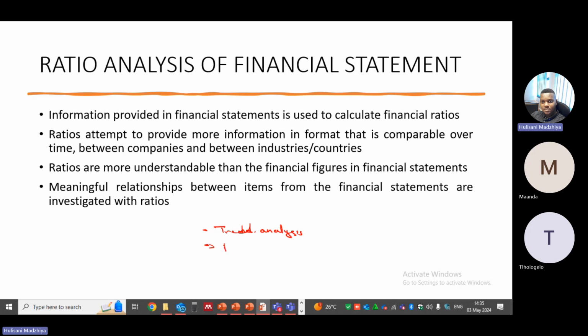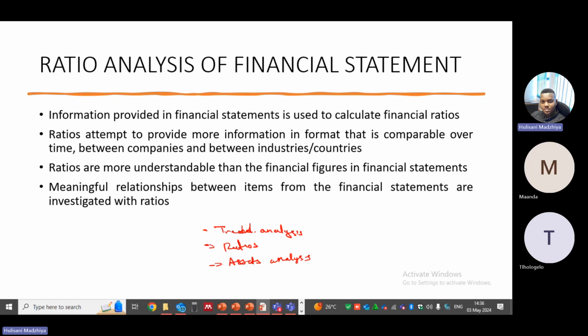And then we also have ratio analysis. And then we've got asset analysis. Asset analysis will analyze the company based on its assets, market value, and book value.